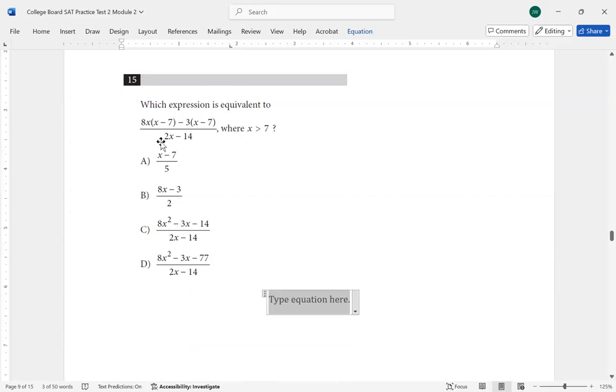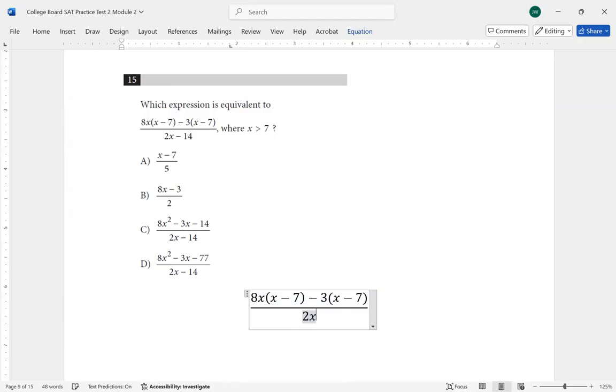You could multiply things out and combine like terms, but in this case, it's going to be better to keep the x minus 7s in parentheses. So in the numerator, I'm going to leave it alone for step 1.